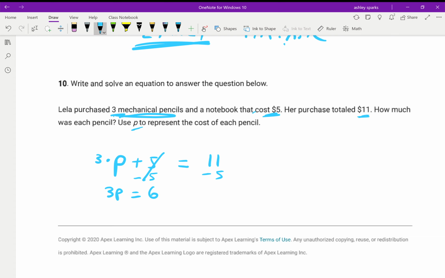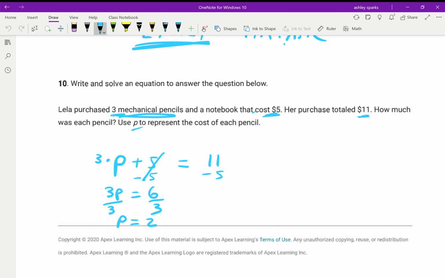Okay? Well, now I want to divide it out, and I'm going to do 6 divided by 3. So P will equal 2, which means each pencil costs $2, which is too expensive for pencils.